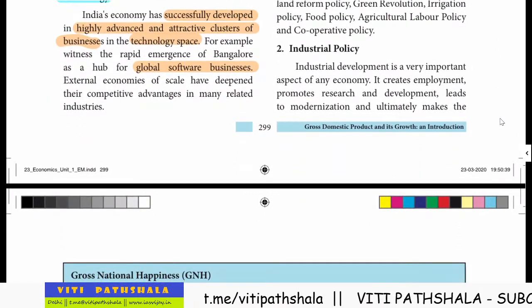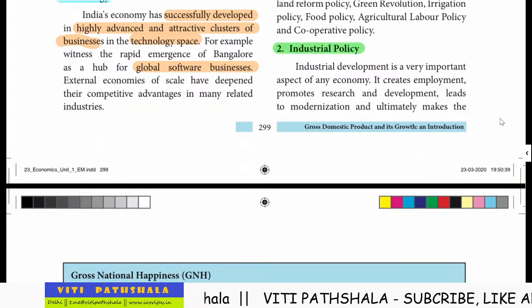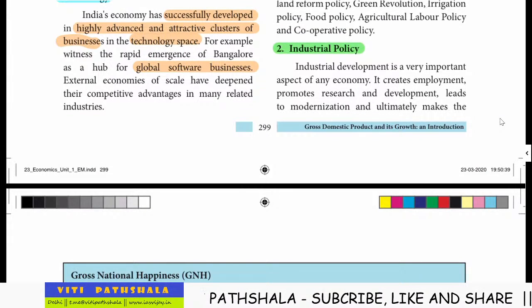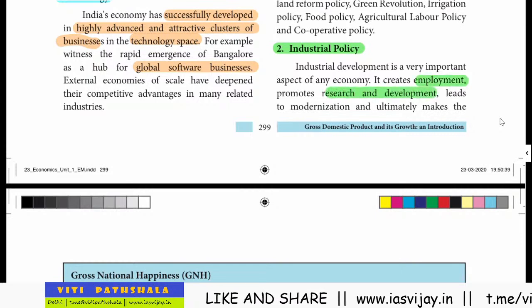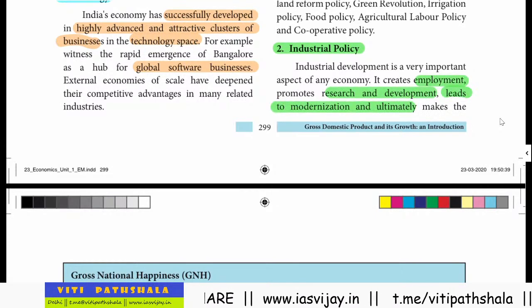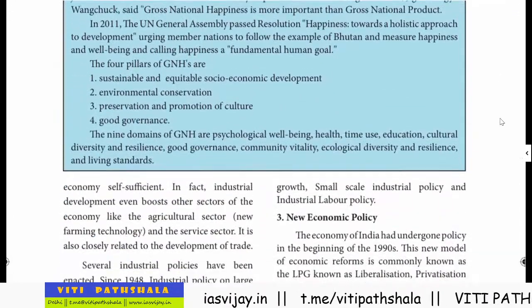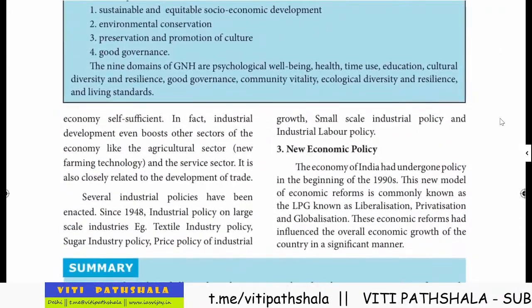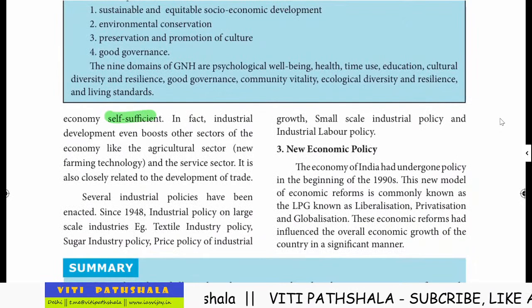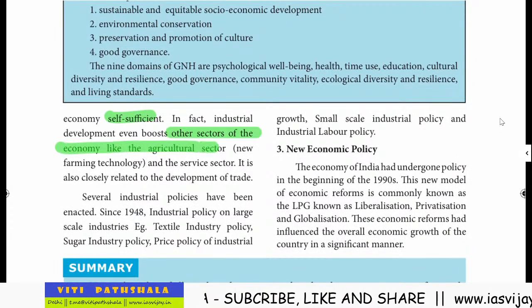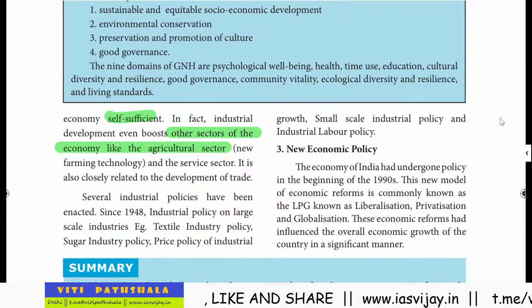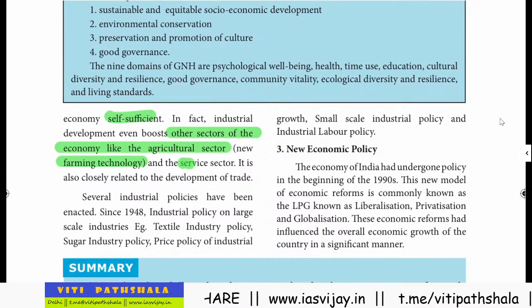Now, next comes the industrial policy. Industrial development is a very important aspect of an economy. It creates employment, promotes research and development, leads to modernization, and ultimately makes the economy self-sufficient. In fact, industrial development even boosts other sectors of the economy like the agricultural sector, with new farming technology, and the service sector.